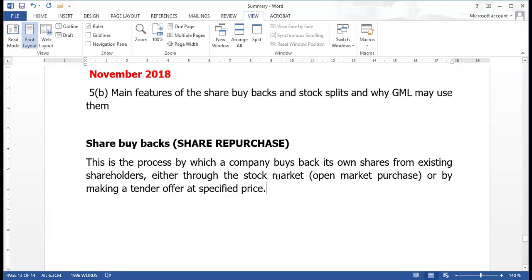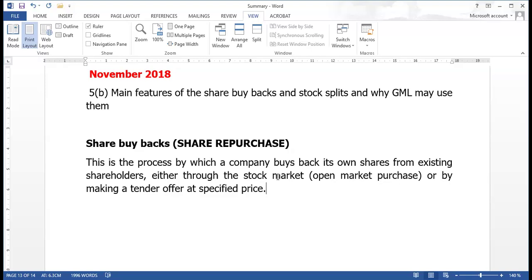So always take note that when you repurchase the shares, they are in your books as an entity. Those repurchased shares, you may cancel them, or you may hold them as treasury shares. And the moment you find that you are canceling them, it means that they are not outstanding shares.